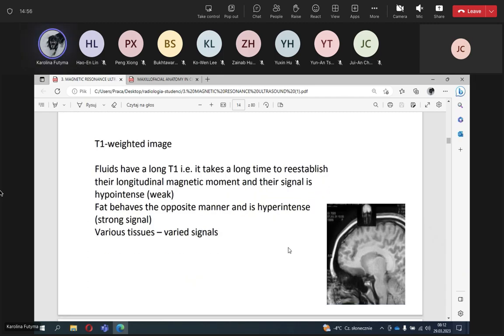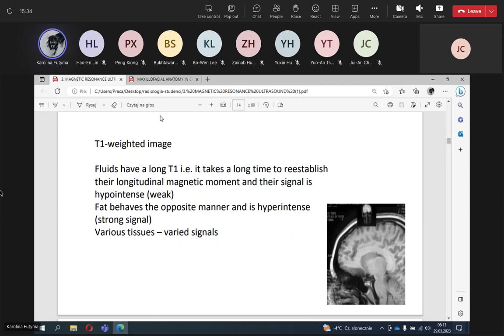So let's focus on the first image. Now we will talk about T1 weighted images. The fluids have a long T1. For example, it takes a long time to re-establish their longitudinal magnetic moment, and their signal is hypointense, weak. Remember that in MRI, we are describing the intensity of the signal. So we have the isointense signal, hypo and hyperintense areas or signals.